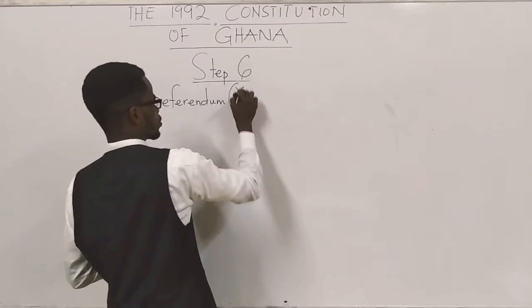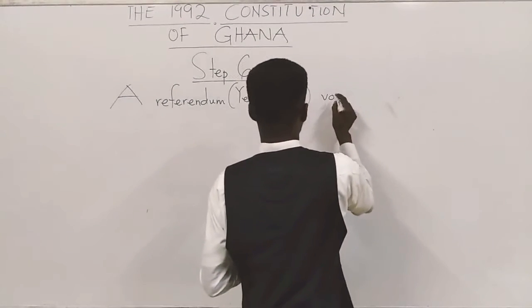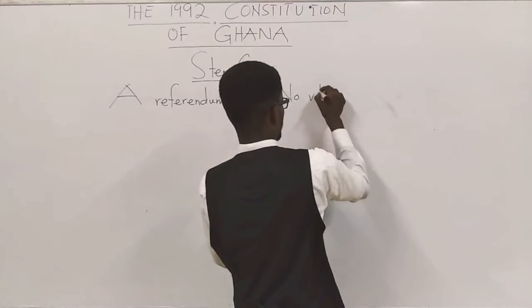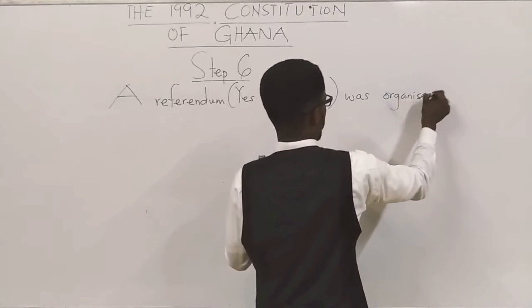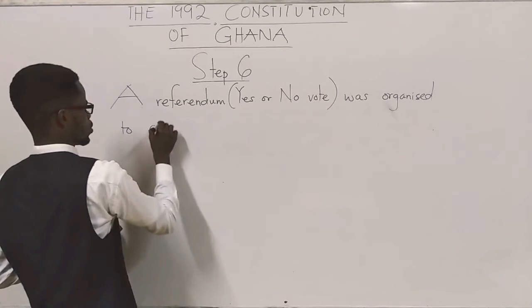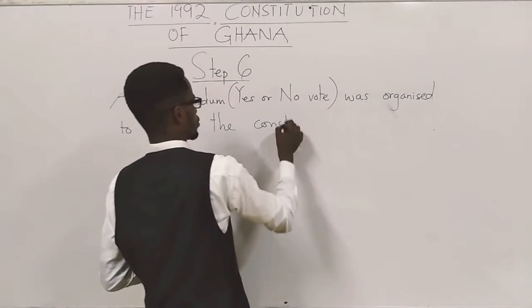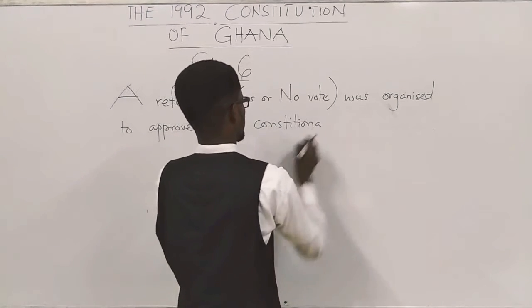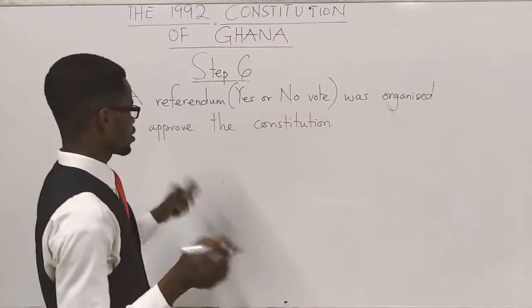So we look at step 6. Under step 6, a referendum, a yes or no vote, was organized to finally approve the 1992 constitution.